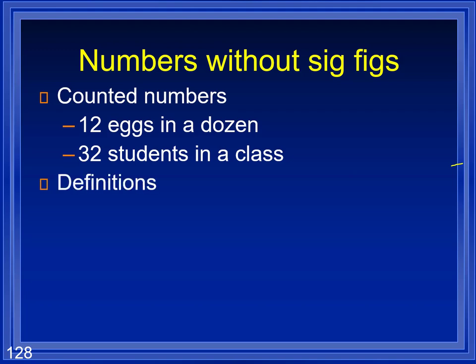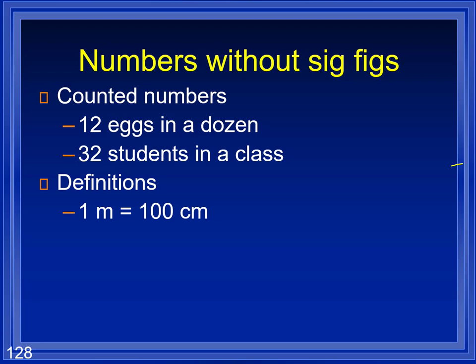The reason why metric has unlimited sig figs is because we're working with definitions. So definitions always have unlimited sig figs. So the reason why the conversion factor for meters and centimeters has unlimited sig figs is because exactly 1 meter equals exactly 100 centimeters.